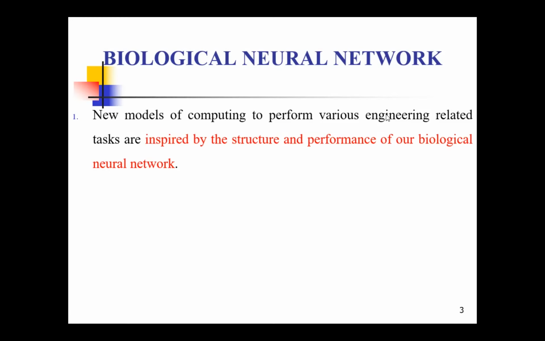So what is a biological neural network? The purpose of this ANN is to develop a computing model to carry out various engineering tasks, for the purpose of predicting some engineering terms, that is inspired by the performance and structure of our biological neural networks.